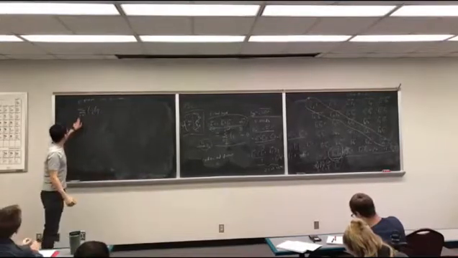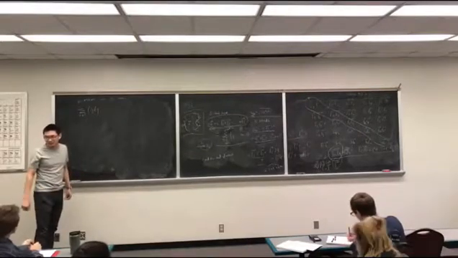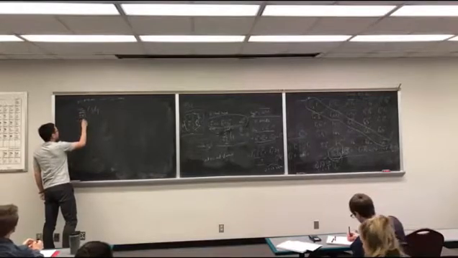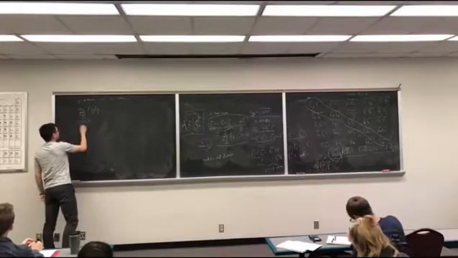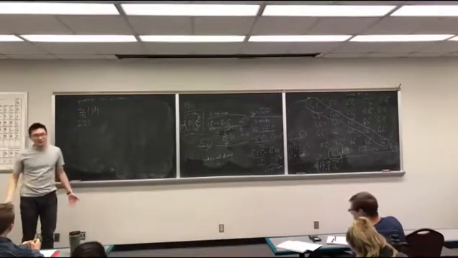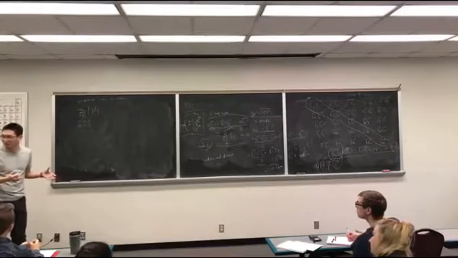So if i is not equal to j, it's everything else besides the diagonal terms. So i would be coming from 1 to 5, and j would be coming from 1 to 5. That makes sense to you? It's just a very simple way to write the same equation.